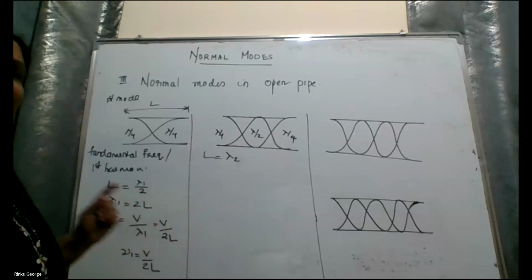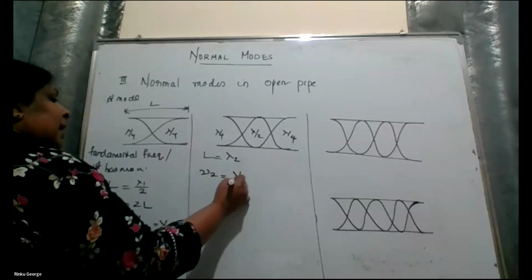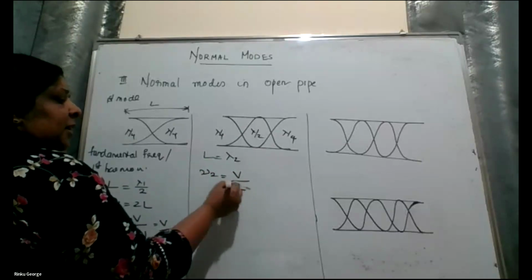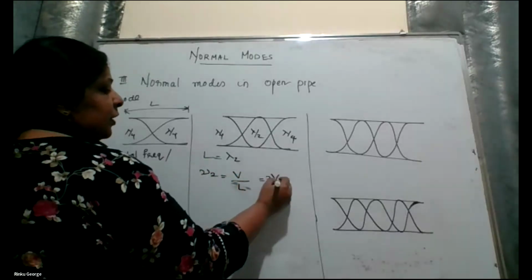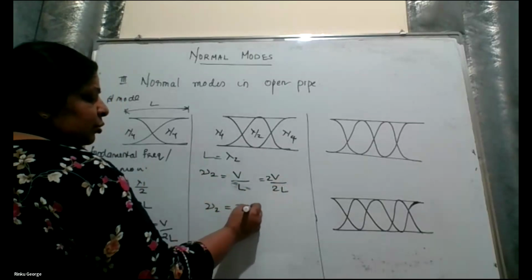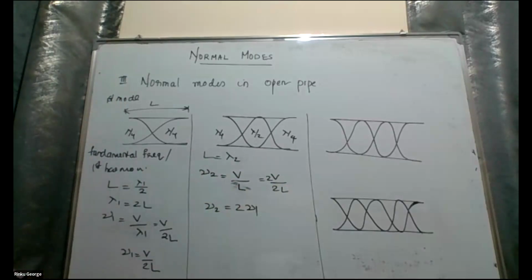L is lambda. So nu 2 will be equal to V by lambda, V by L. Multiply and divide by 2: 2V by 2L. So nu 2 is equal to 2 nu 1. Correct?